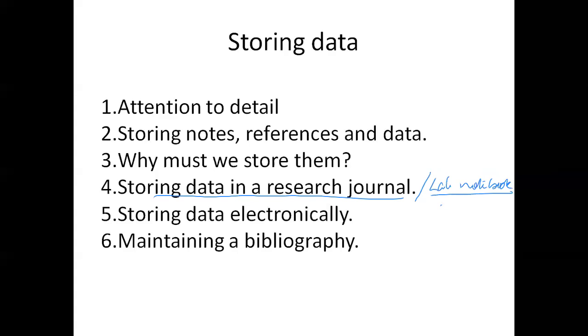These research journals have stitched bindings. They have numbered pages. They have several other features. This is described in your section of the module as well. The idea is that if data sheets or pages are removed or manipulated, it becomes easier to trace.